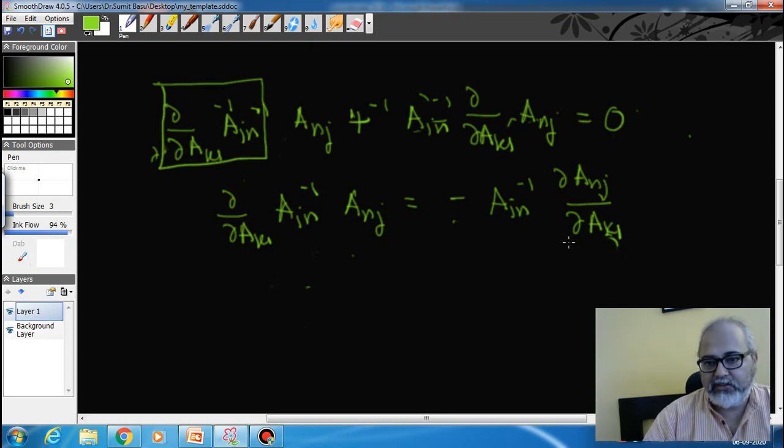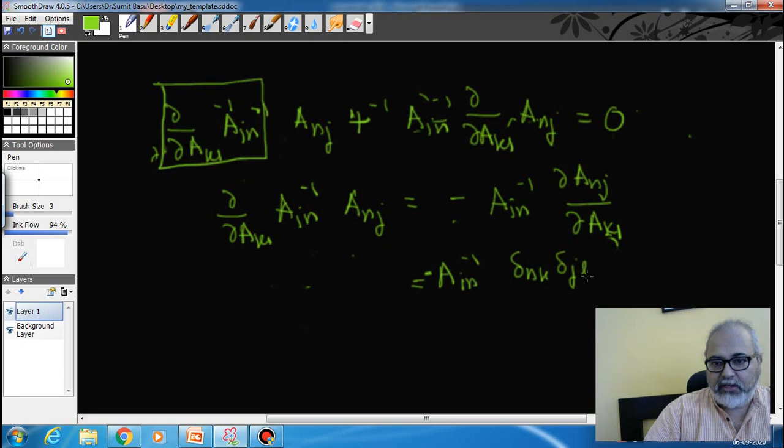Now look at this quantity. This is del A n j with respect to del A k l. Whenever n is equal to k and j is equal to l, you get 1 here, otherwise you get 0. So this will now become minus A I n inverse delta n k delta j l.